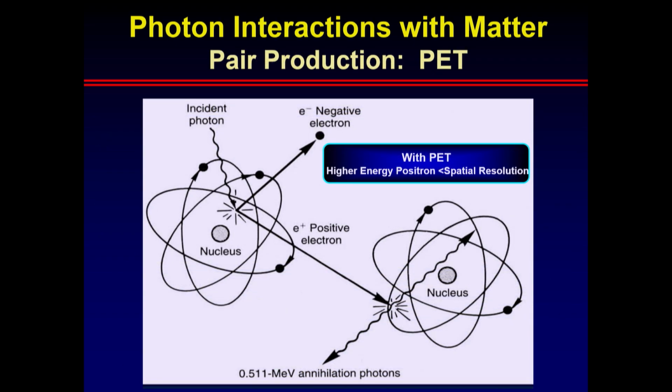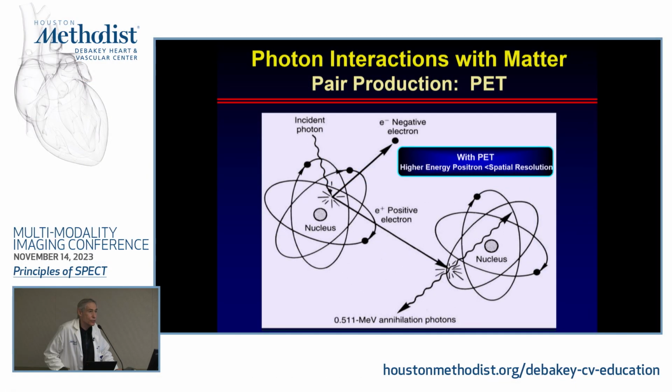Okay, and so in PET imaging, we get these annihilations of 511 keV, and they go 180 degrees in opposite directions, and we image them with a different type of gamma camera.